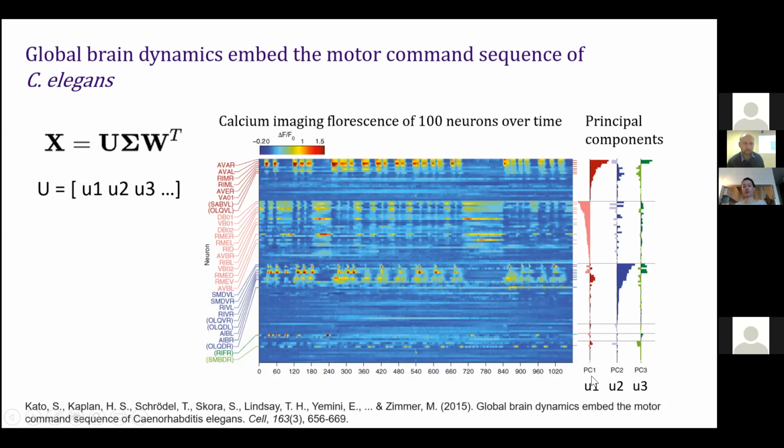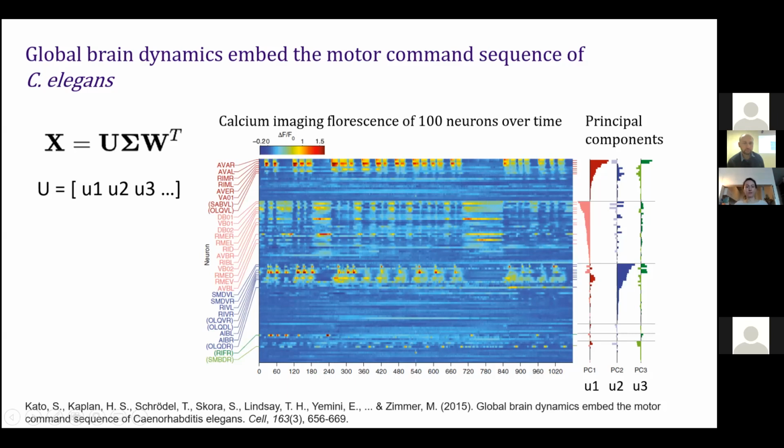And then vice versa, when the PCA mode is very negative, that would mean that the pink ones are active and the red ones are inactive. And so this gives us an idea of how these neurons cluster, which ones are correlated or not correlated for different patterns.